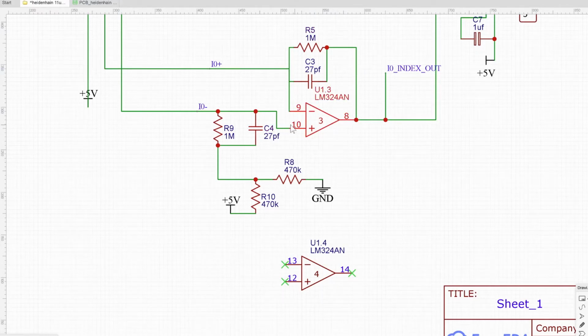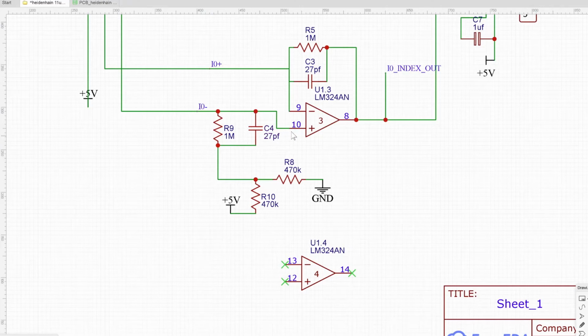And on the positive side of the op amp, we've got another pair of resistor and capacitor, and that's connected to a voltage divider that's going to give us 2.5 volts. The reason that we need 2.5 volts is that this signal will go from a negative voltage to a positive voltage. But if you're using a microcontroller like an ESP32, they don't know how to deal with a negative voltage.